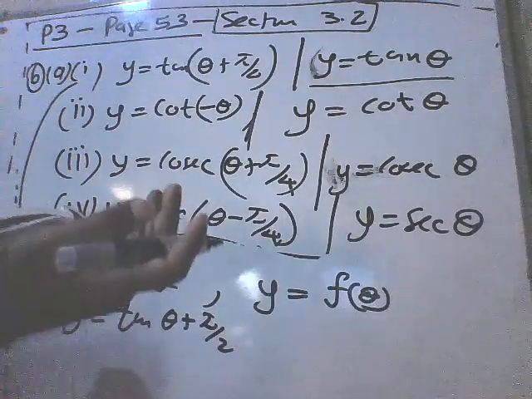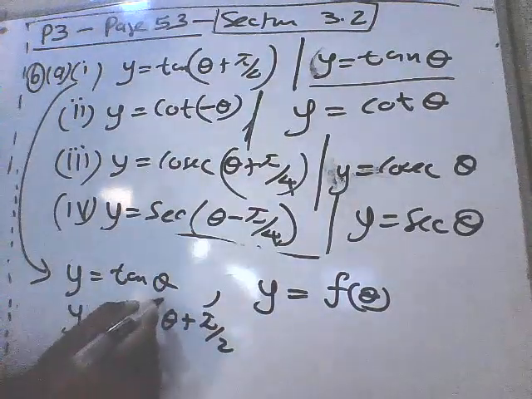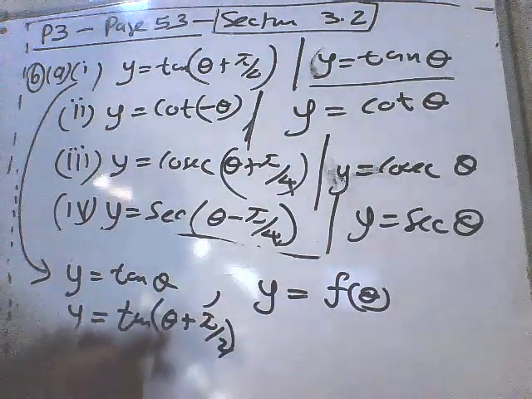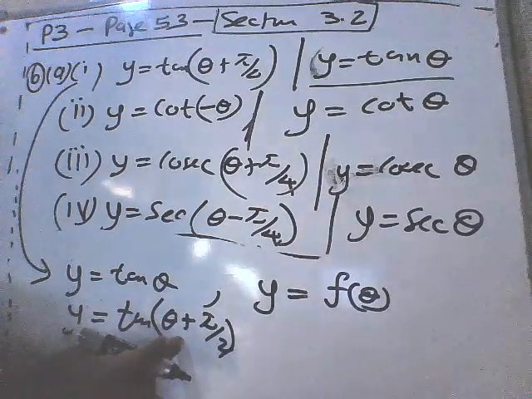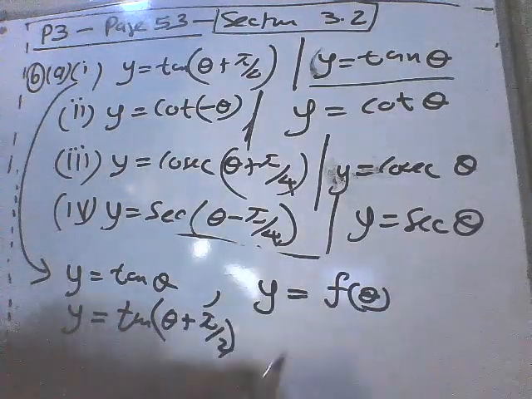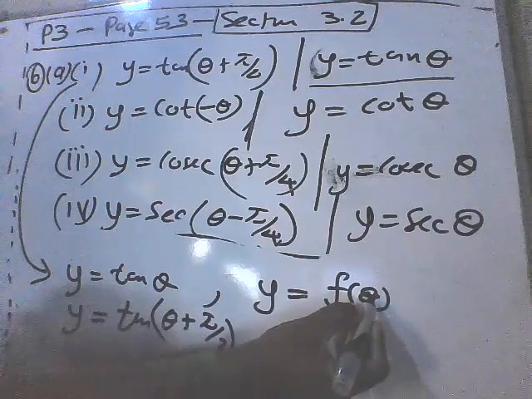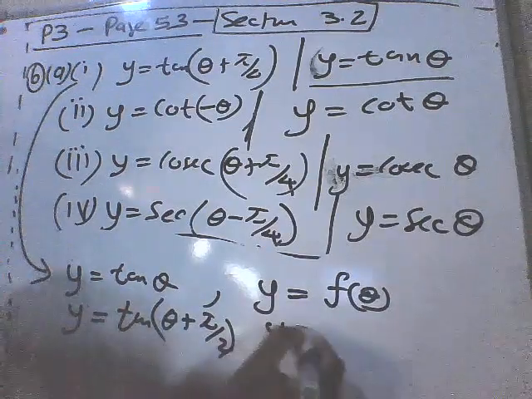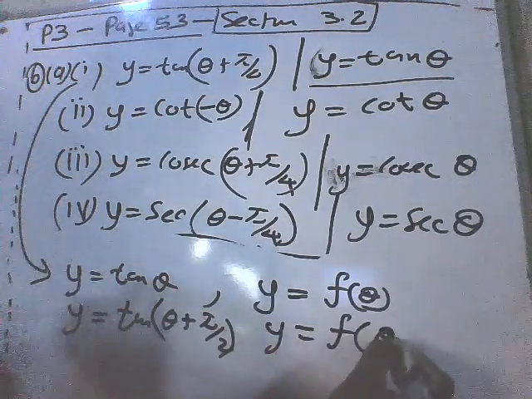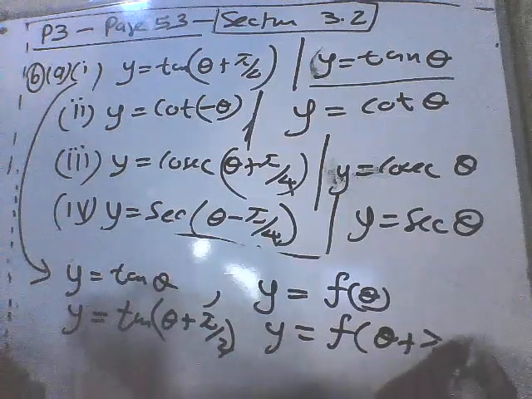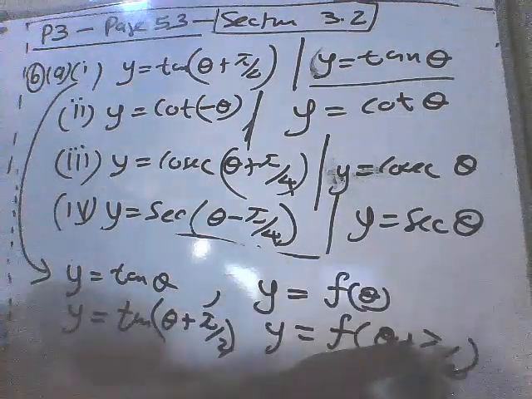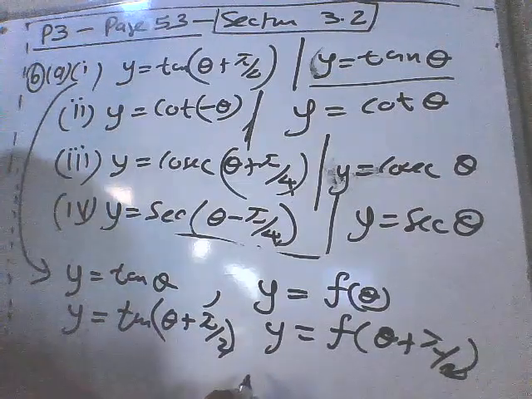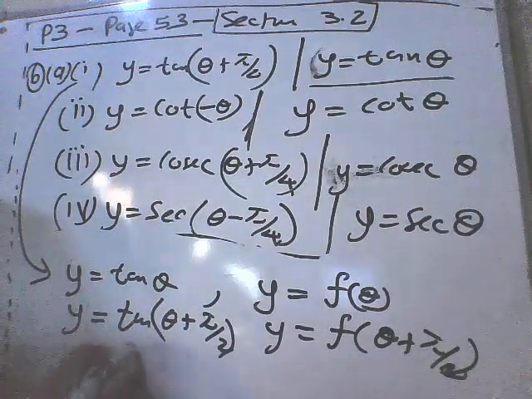From here to here, instead of theta we have put theta plus pi over 2, so y equals f(theta plus pi over 2).